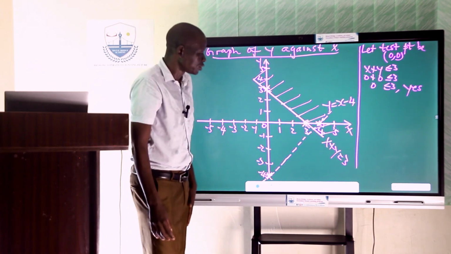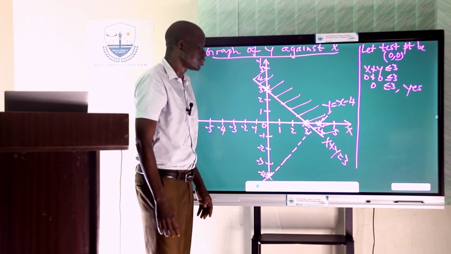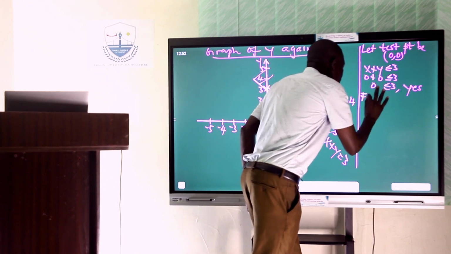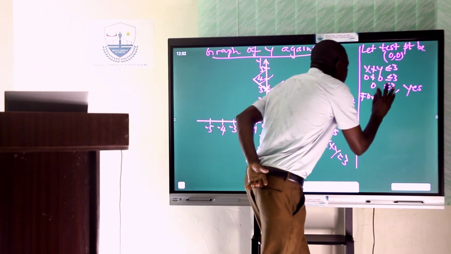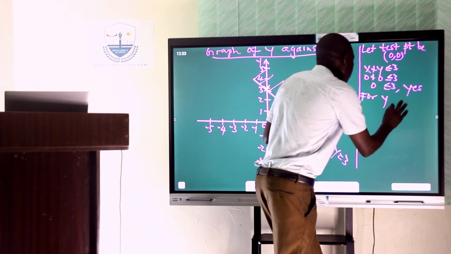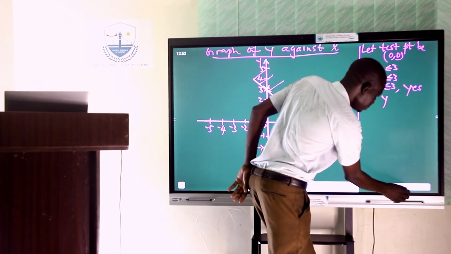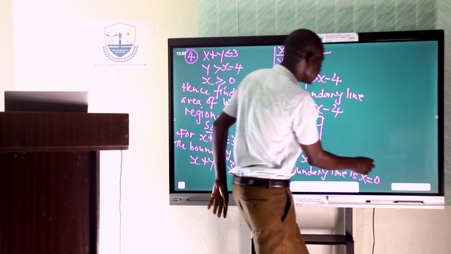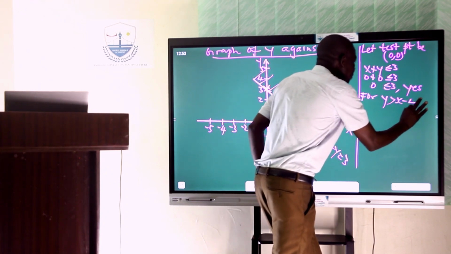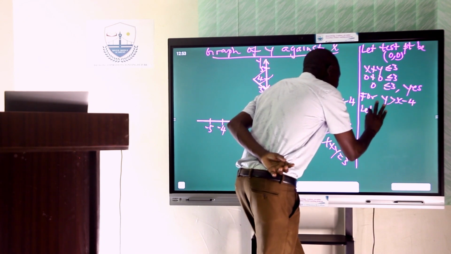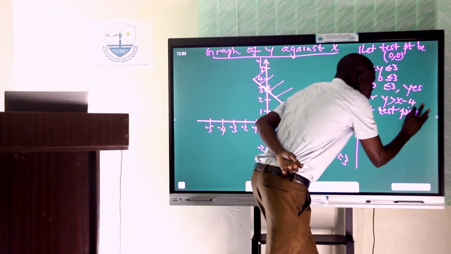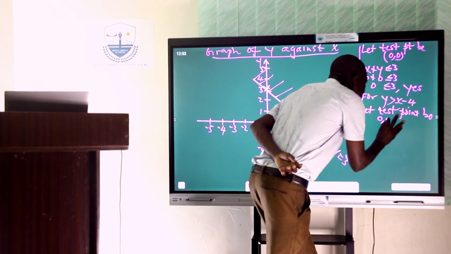After labeling it, we now shade also the unwanted region. Is this region wanted or not? For our inequality, y is greater than x minus 4, let the test point be 0, 0.